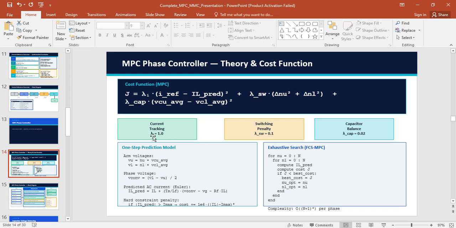So lambda 1 is for the current tracking, this is for the switching penalty, and this is for the capacitor voltage balancing, right? And what it does, a one step prediction model is there.